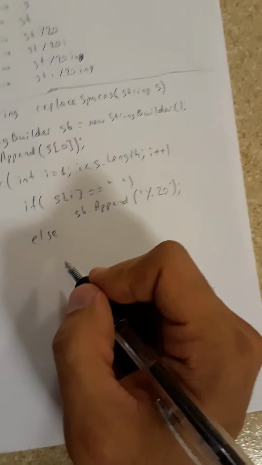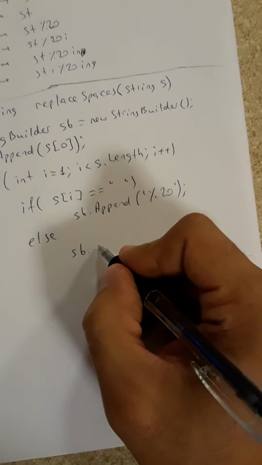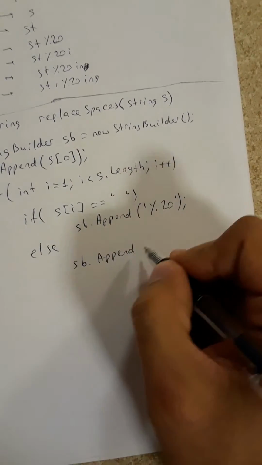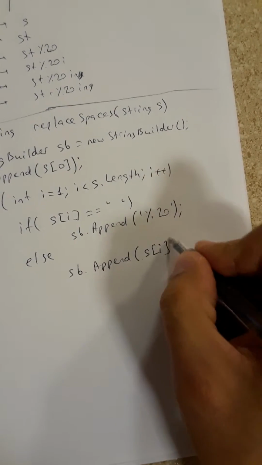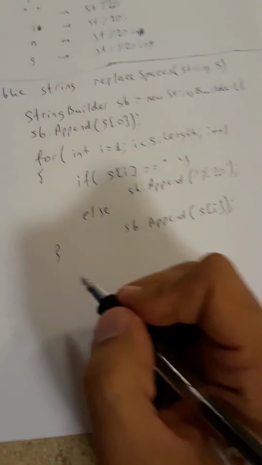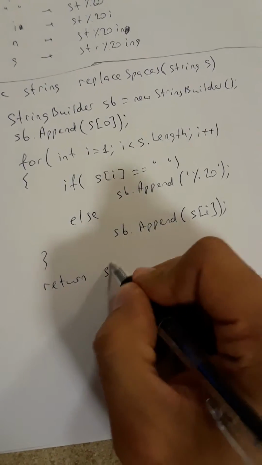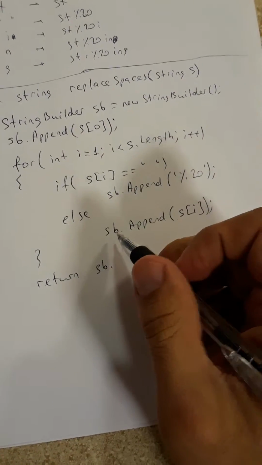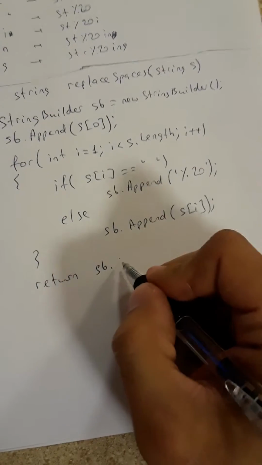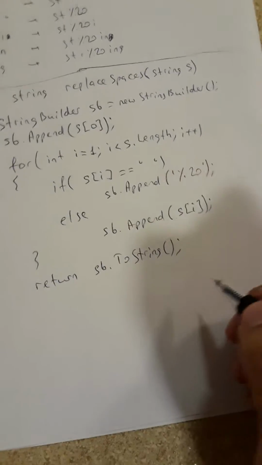In the other case, I will just keep appending characters from the input string. So at the end, I will return a string, but since all characters I collected in the string builder, I'll just convert my string builder to string using the toString method.